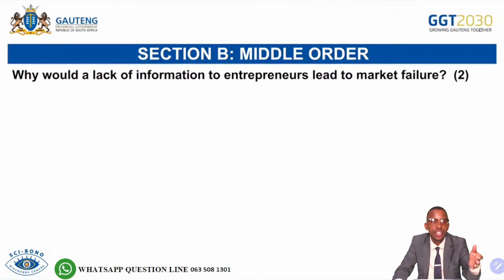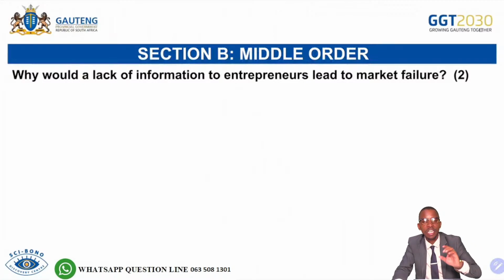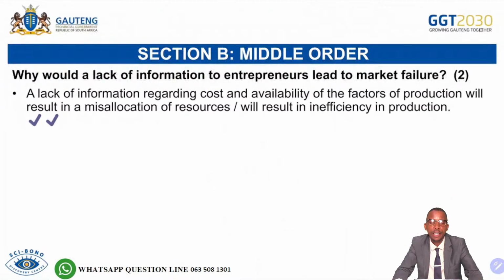Also for machines, it is very important for entrepreneurs to know markets that are offering affordable machinery or equipment with the same quality as those that are expensive. So entrepreneurs must have adequate information about prevailing market conditions. Otherwise, that can lead to market failure, because they will end up overspending money while producing a smaller quantity of goods and services due to incomplete information.